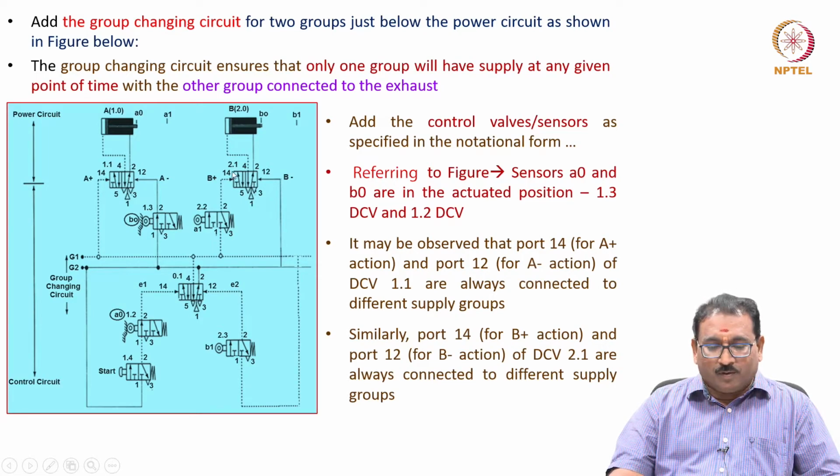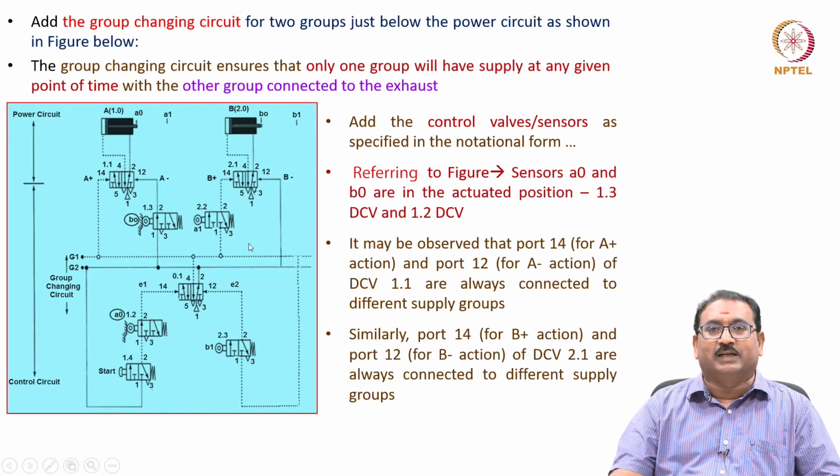Similarly, the port 14 of 2.1 DCV, what is it for? B plus. Similarly, the port 12 for B minus. Both should be in different groups. How you grouped, the same way: B plus should be in G1, B minus should be in the other, not in the same group.